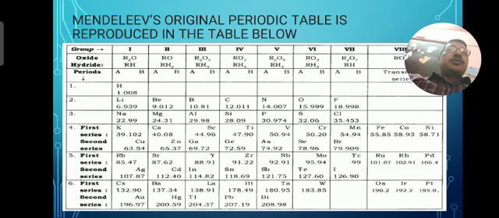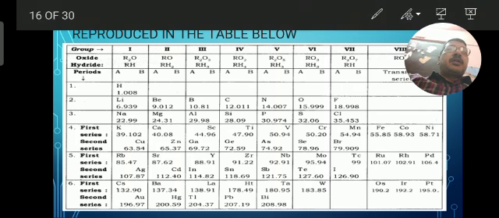Now let us come to the fourth group. Up to group number 3, I have informed you in the previous class. Here RO2 is the general formula for the oxides and RH4 is the general formula for the hydrides.